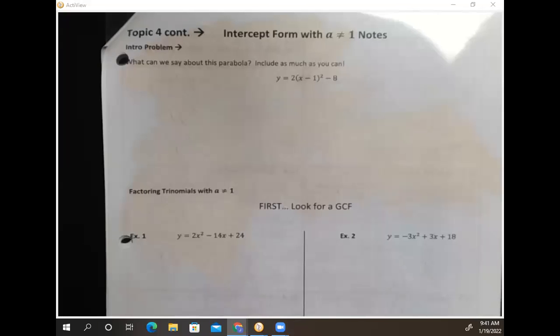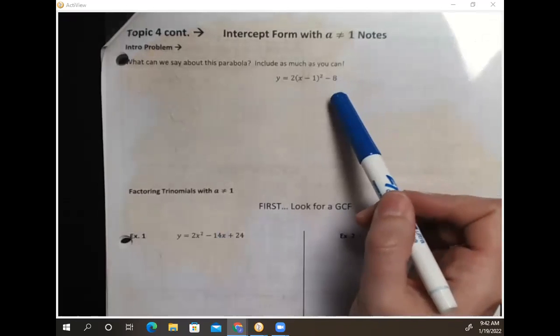On page 21 today, there's a problem up at the top that's not new. We have a vertex form equation for a parabola here. I want you to start by jotting down everything that you can tell me about the graph of this function. So this is something that we looked at towards the beginning of this unit.